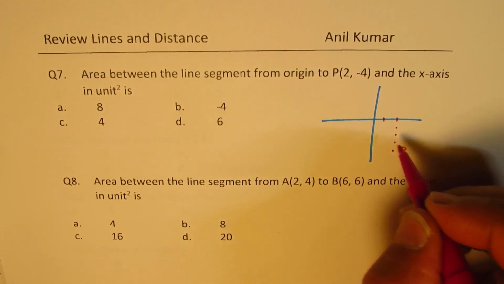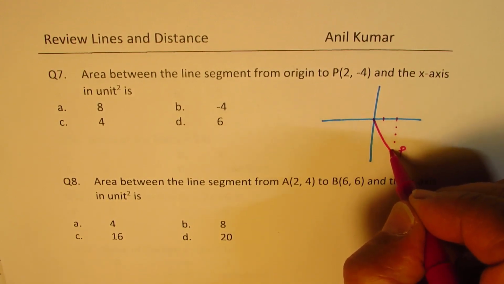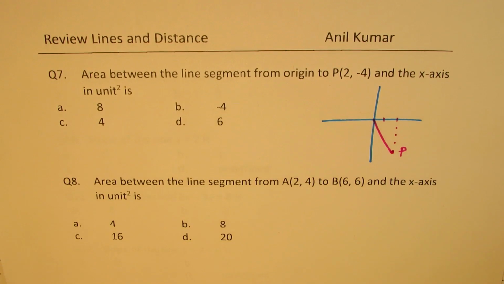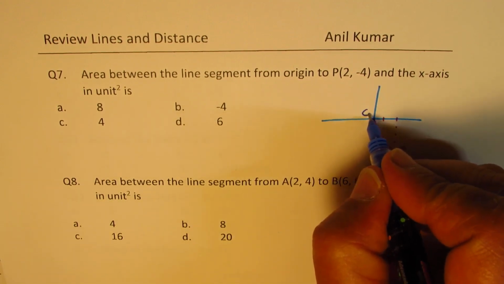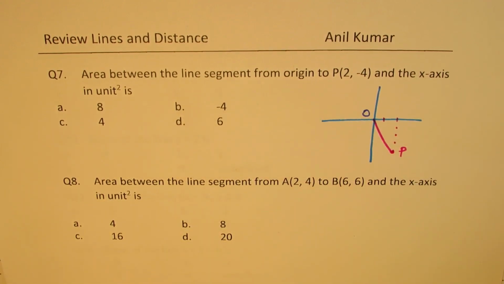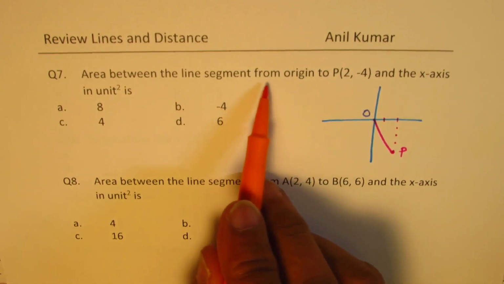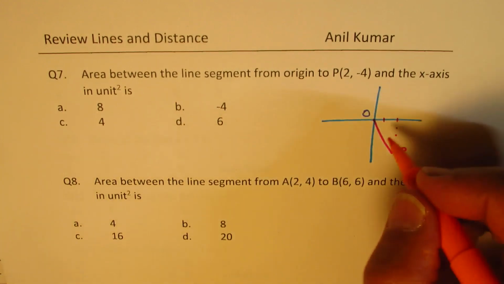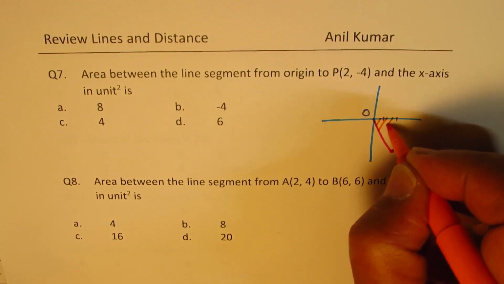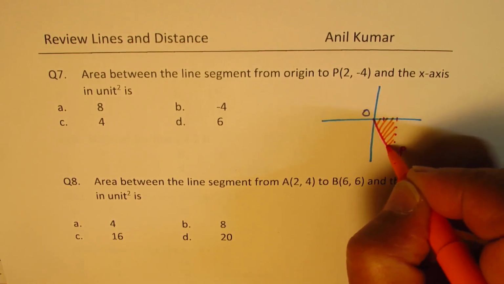So that's the point P. So we can draw this line OP, right? So we have this O, and that is the point P. The question here is to find the area between the line segment from origin to P and the x-axis. So we want to find this area, correct?